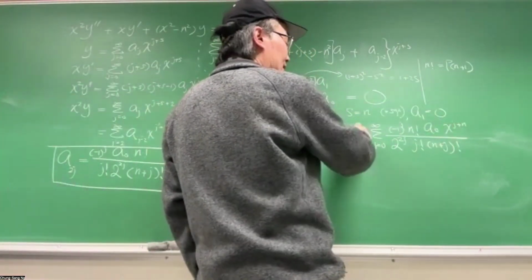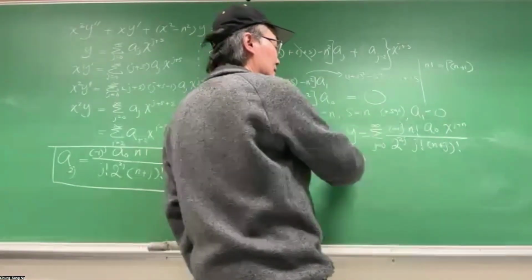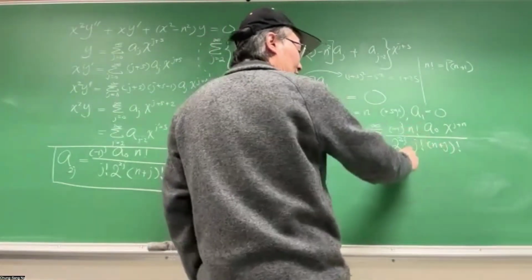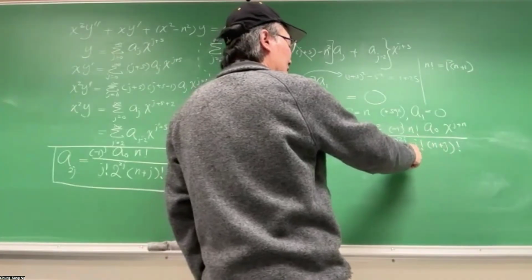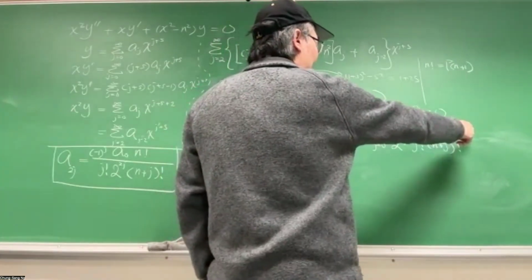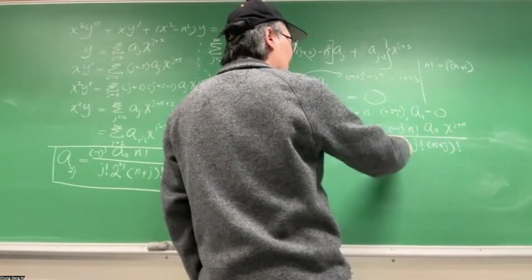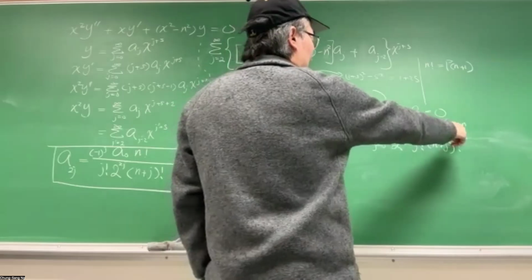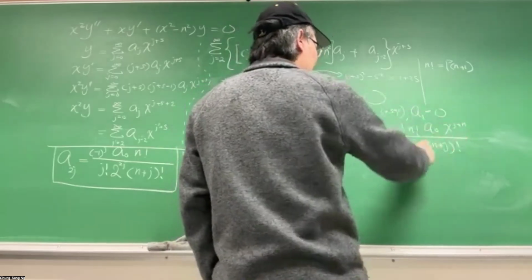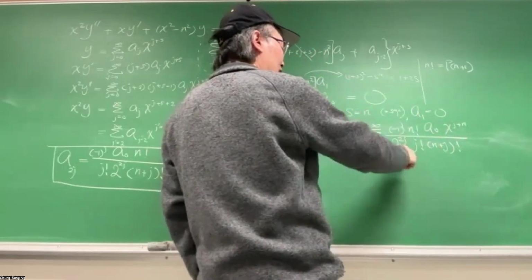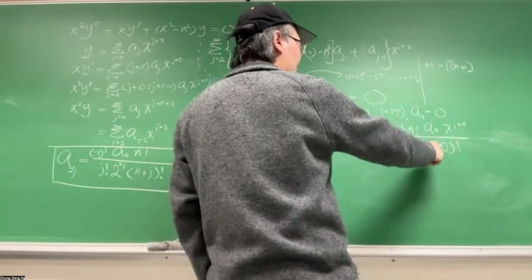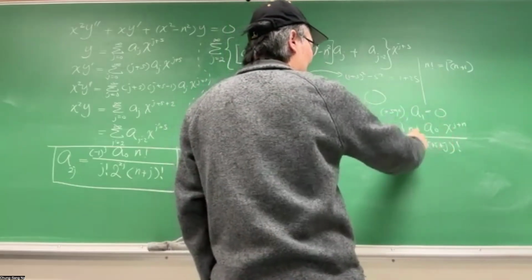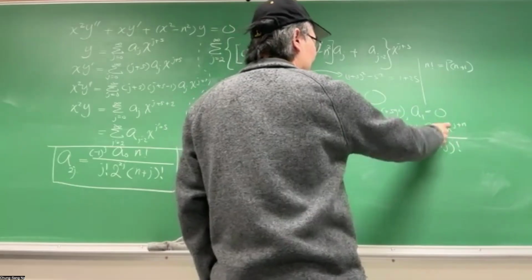Now the other case is n is integer. For an integer, you can keep all the factorials, but there's a possibility that n is negative. Now we need to think about that. If n is positive, then everything is fine. Everything is regular, so all these n plus j factorials are defined and so on.